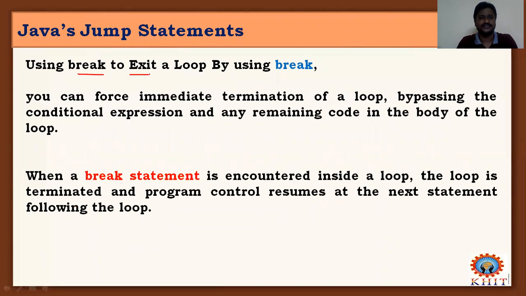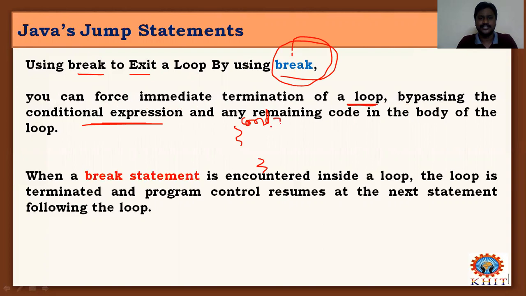Using break to exit a loop: by using the break statement, as we already discussed, we can force immediate termination of a loop, bypassing the conditional expression. Generally we have loops like this, with a condition given here.